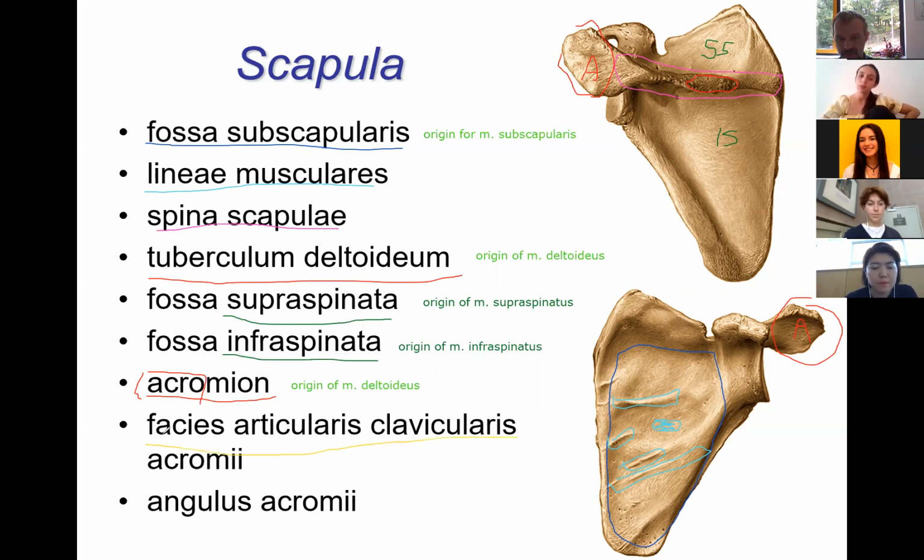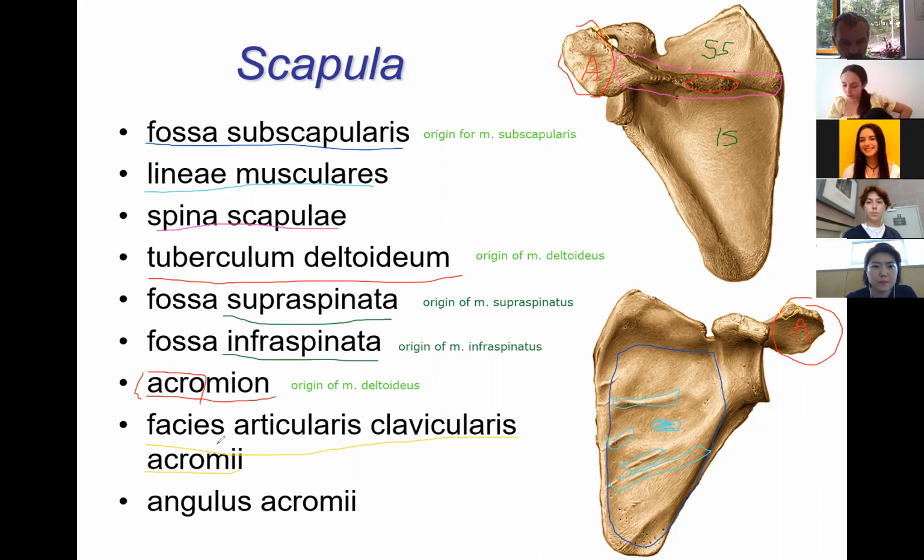facies articularis clavicularis acromii. So in English, articular surface, not a problem. The articular surface is located here and here. It's not well visible, but I will show you on another slide. So the articular surface is on the acromion.